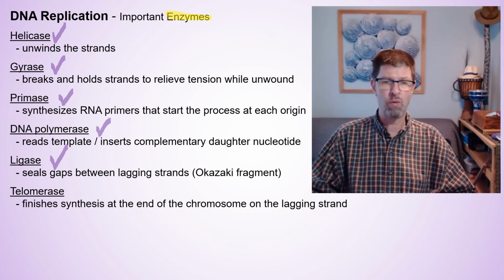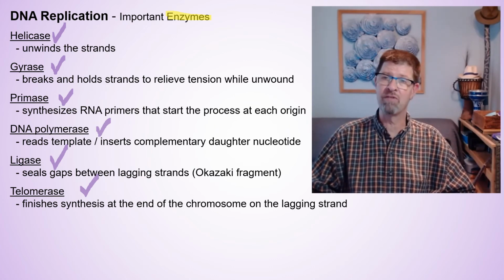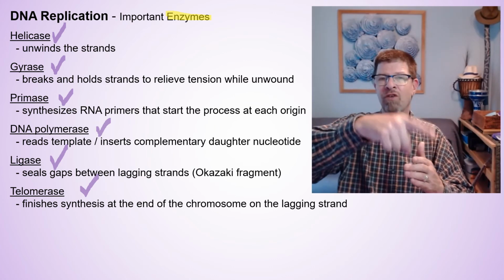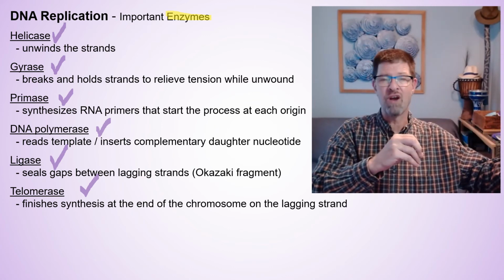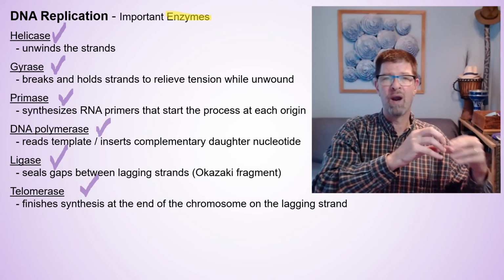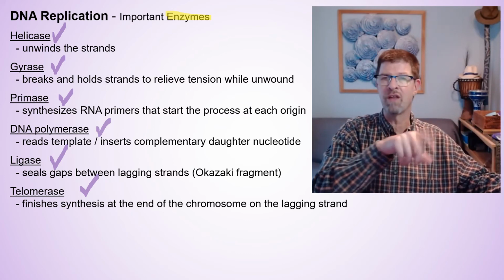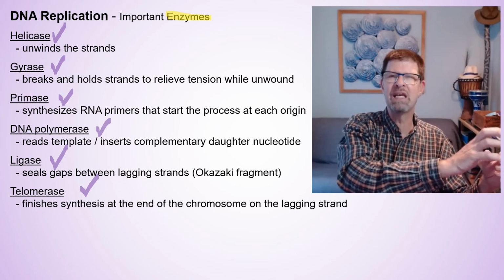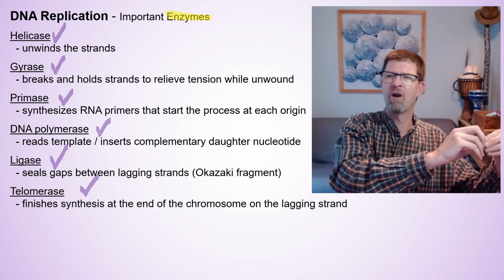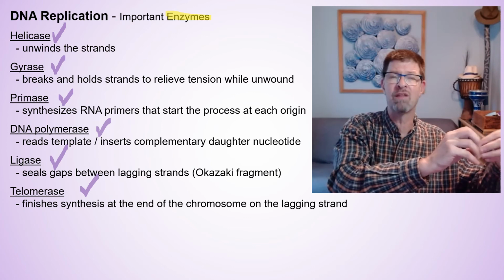And then the last enzyme is called telomerase. And there's a funny thing that happens when we get to the end of a long strand at the far end of the arm of a chromosome, where we don't quite have enough for the other enzymes to work properly. And so we end up losing a little bit of our ability to make a copy at the very end.